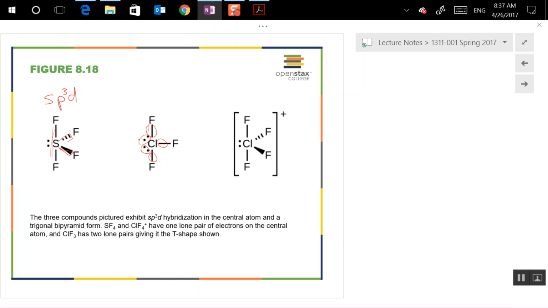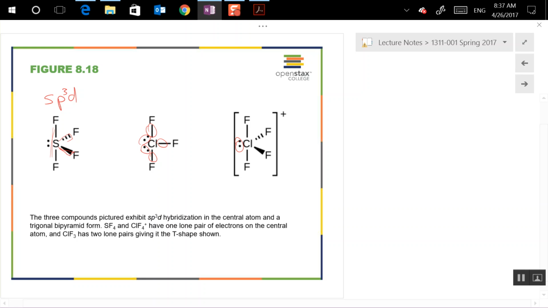That's going to give me 5. So you just have to make sure you're counting the number of orbitals to match the number of bonds and lone pairs that you're making. Sigma bonds and lone pairs. s, that's 1. p3, that's 4. d, that's 5. Okay?